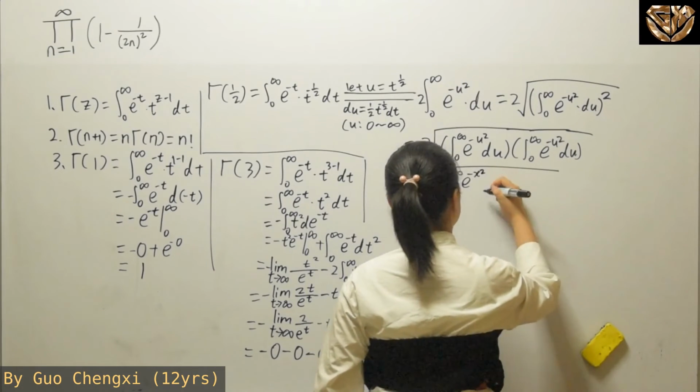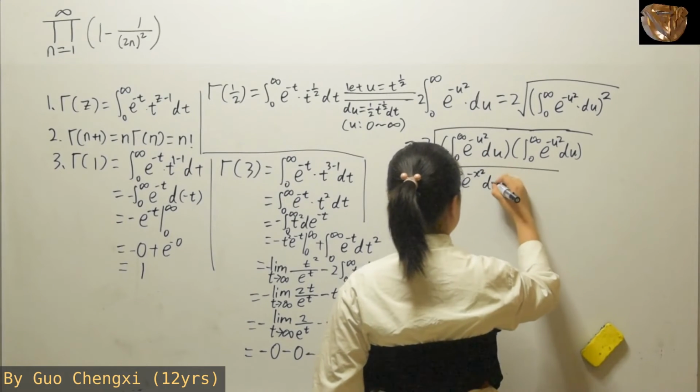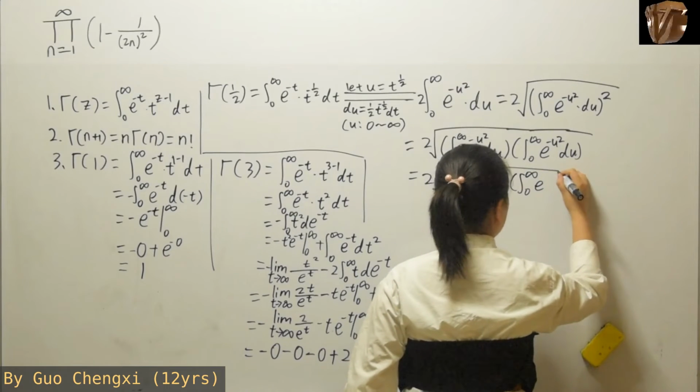So for this part, it's practically Cartesian coordinates, where you change this part to dx, while you change the other part to dy.